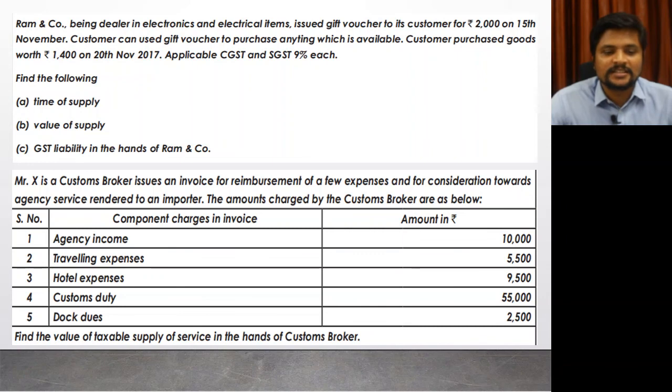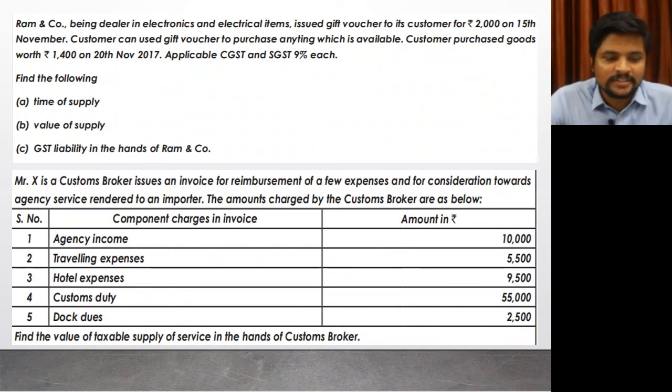Third question is the GST liability in the hands of Ram & Co. You compute 1400 into the applicable rate of 9% under CGST and 9% under SGST. On 1400, it becomes 126 rupees under each law. That will be the GST liability. This is the answer for this question.